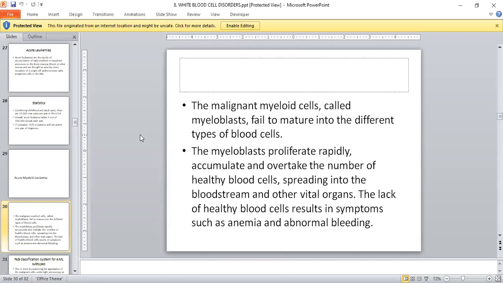These myeloblasts are the ones that you find in free circulation. Of course, since they have not differentiated, they won't do any of the functions that they're supposed to. So because of this, the pancytopenia will be present, and you'll have symptoms related to the lack of proper functioning of all the cells.